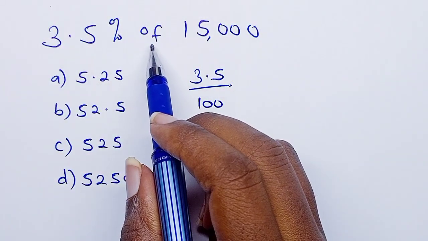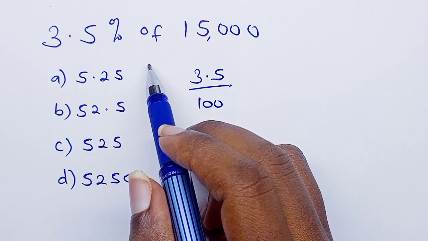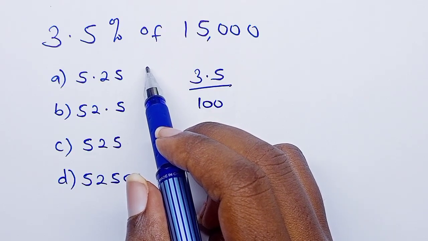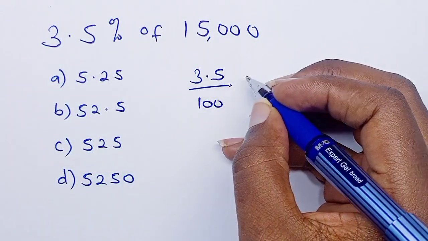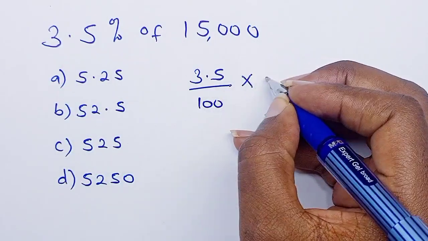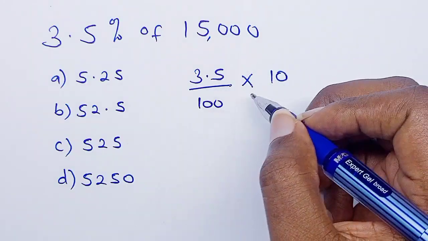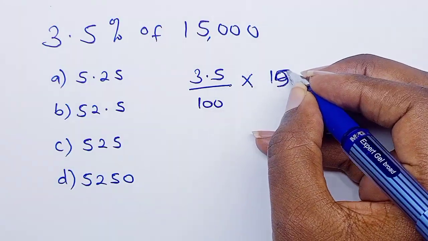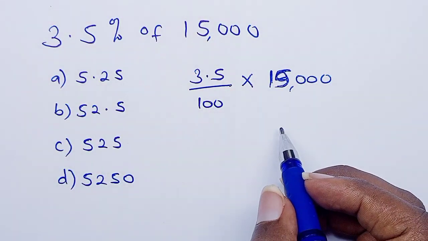And then "of" stands for multiplication. When they say 2 of 10, that means they're saying 2 times 10. Of means multiplication. So 3.5 over 100 times 15,000. This is what it implies.